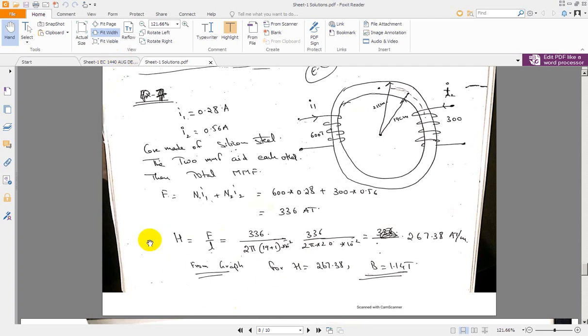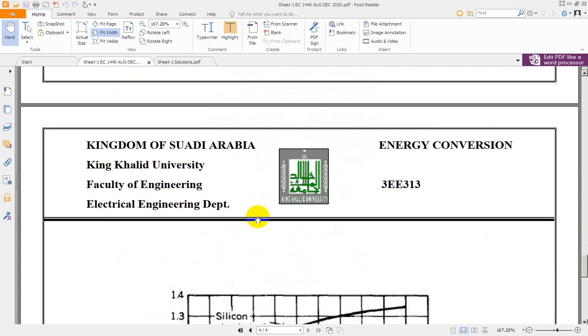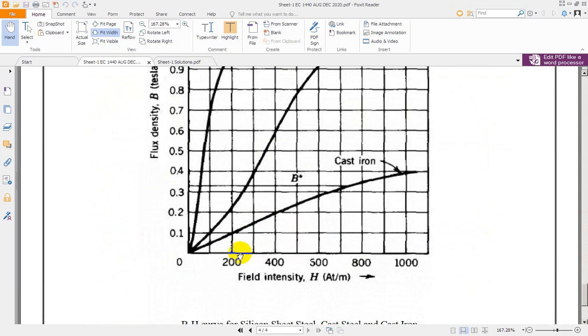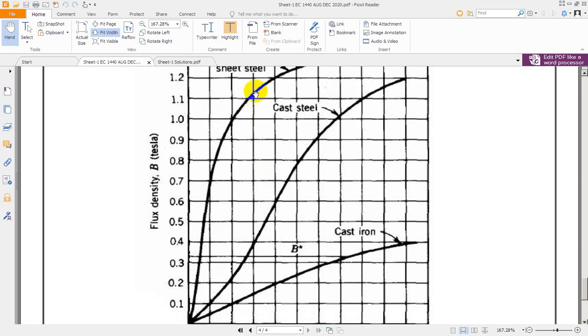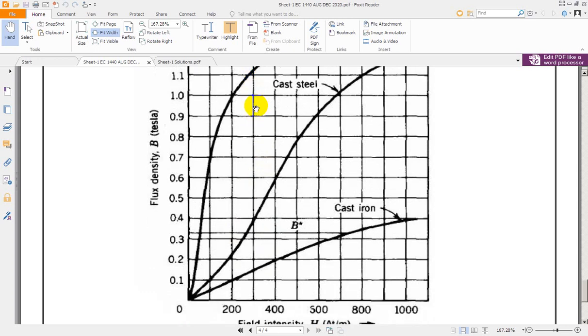If you go to the graph, for the field intensity 267.38, this is 200, this is 300, this is 400. In between we have 250, and 267 is slightly greater than this. If we move above, it will reach 1.14.